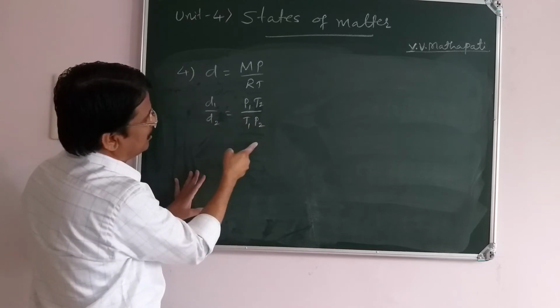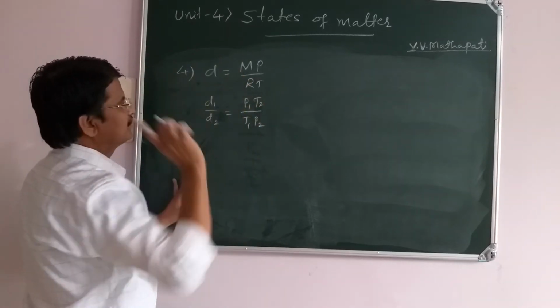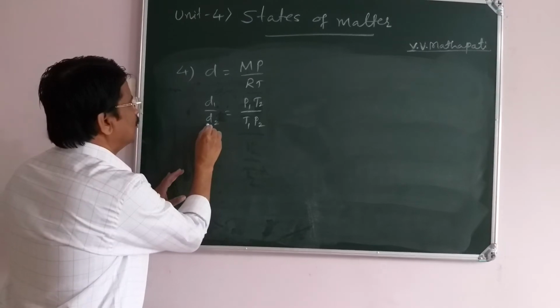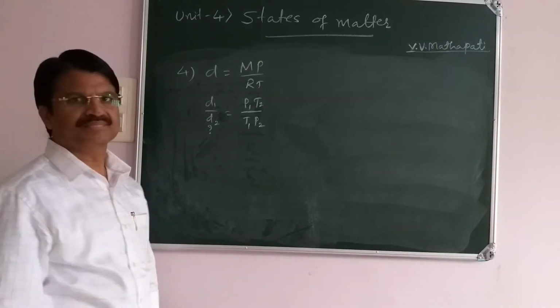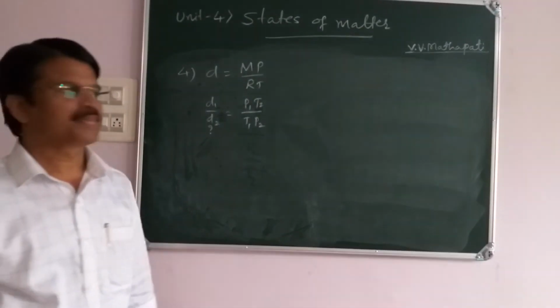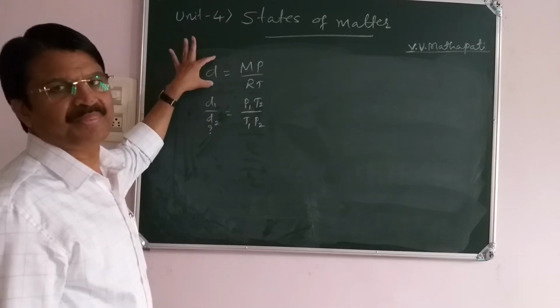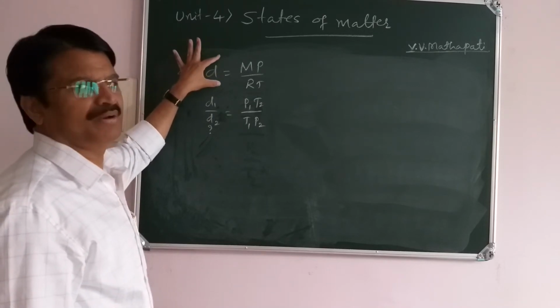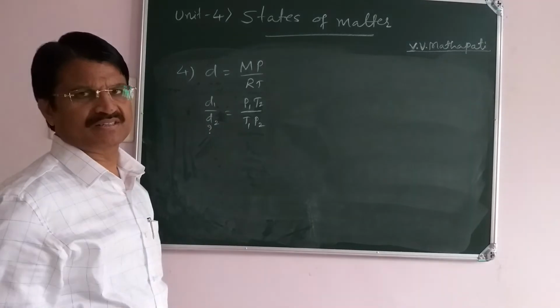T2 comes out, and find D2. Simple. This formula is the most important. Correct? Write this formula and rearrange it for two conditions.